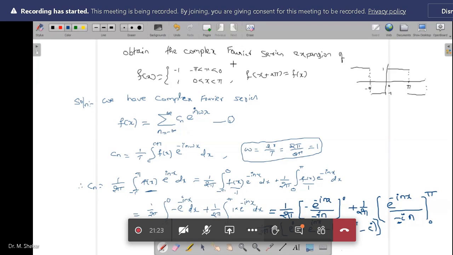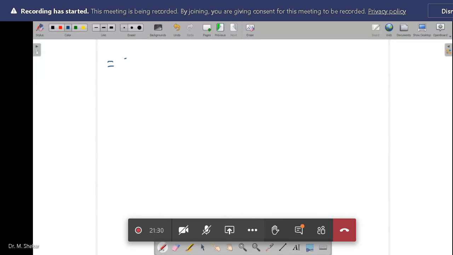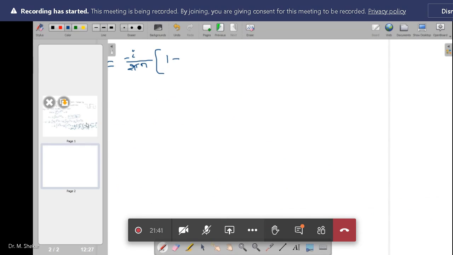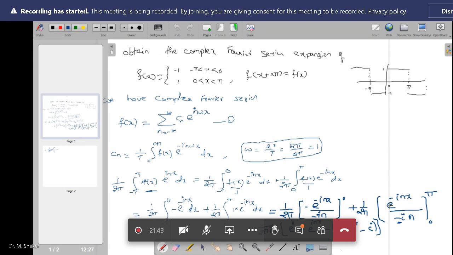Again, 1 by i is minus i, so that can be written as minus i divided by 2 pi n into e power 0 is 1, minus e power i n pi. Now e power i n pi is nothing but cos n pi plus i sin n pi.